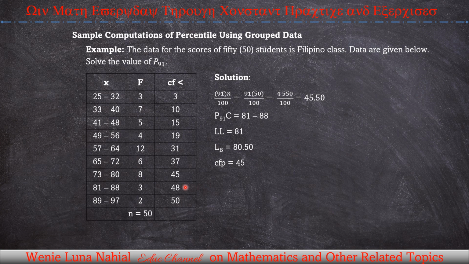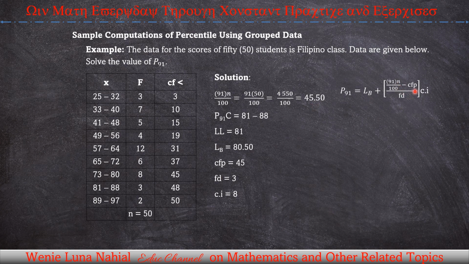Then the cumulative frequency before 45.5, that is 45. Then the frequency of the percentile class is 3. Then the class interval is 8. So using now the formula, okay, you have to substitute the lower boundary by 80.5. This 91n over 100, replace this by 45.5.